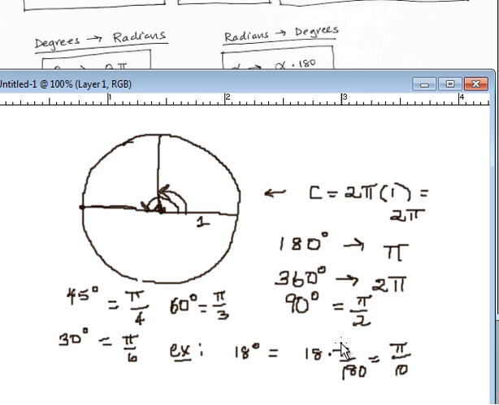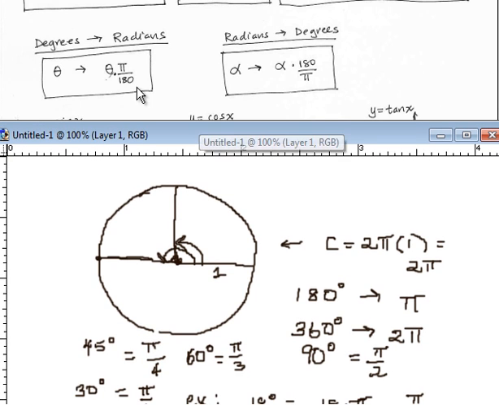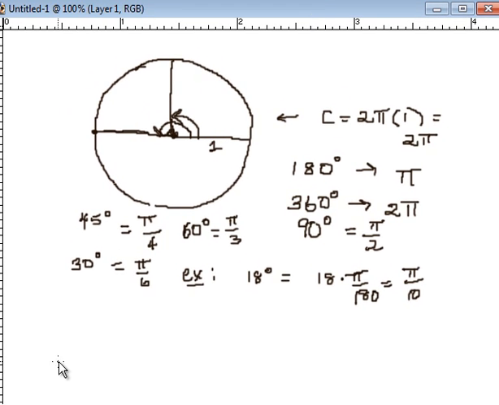Alright. And to go the other way, that's how we convert from degrees to radians, and you multiply by the reciprocal. To convert from radians to degrees, you multiply by 180 over pi. So for example, let's say we want to convert 2 pi over 5 to degrees.